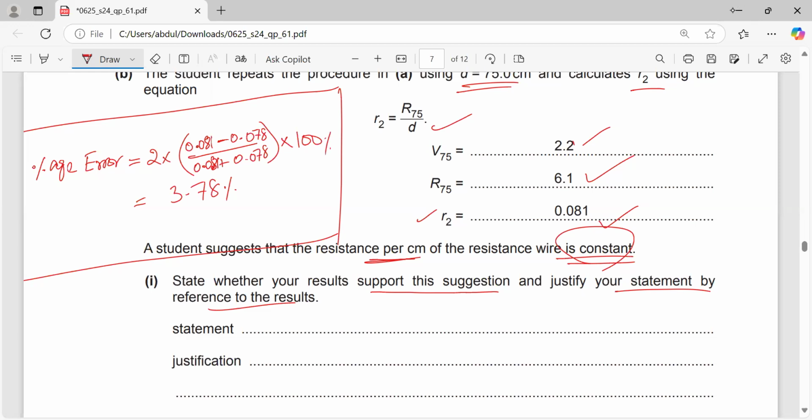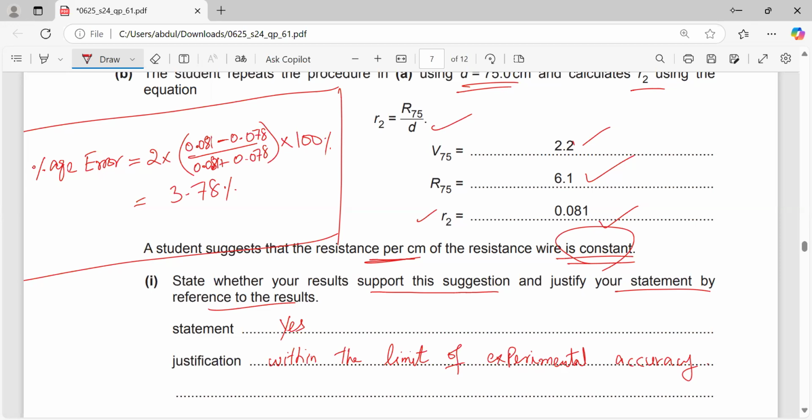So 3.78%. Now, if your answer is less than 10%, write here yes, and give the justification: within the limit of experimental accuracy.